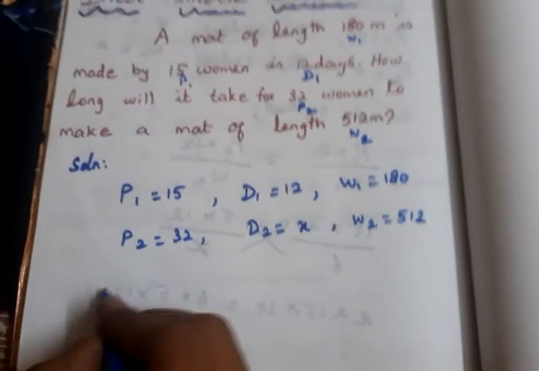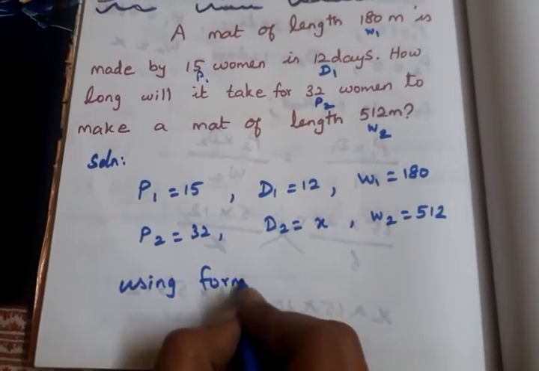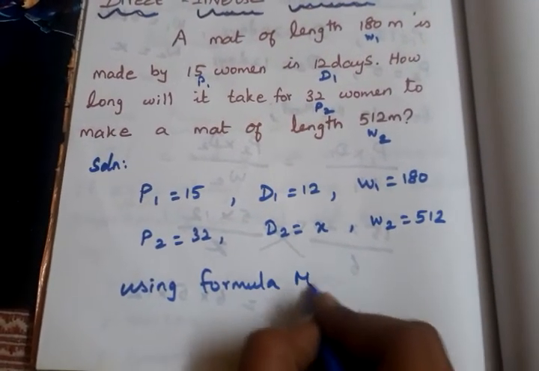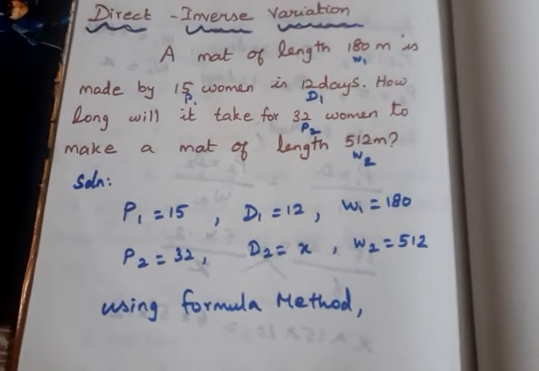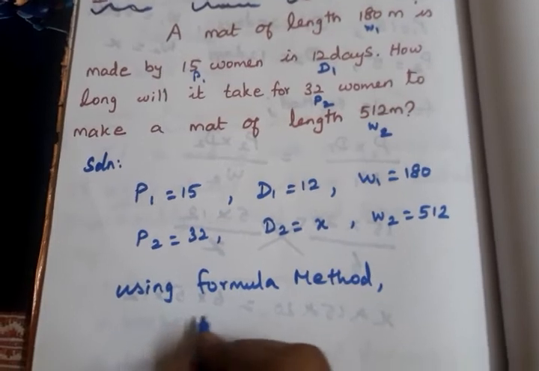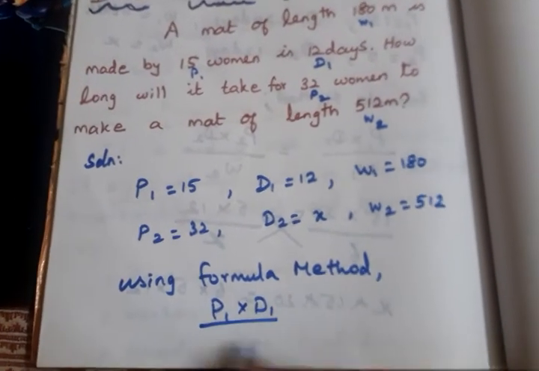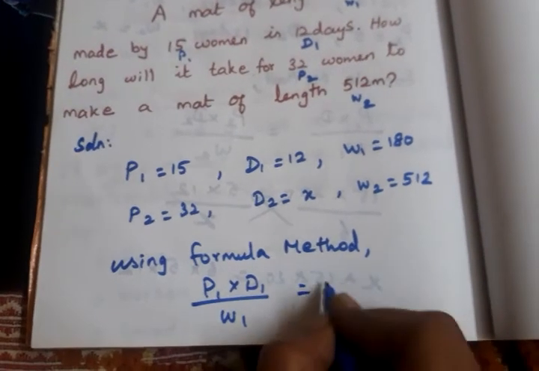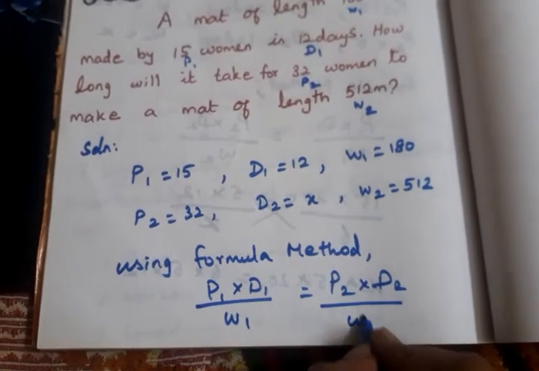Okay, using the formula method, P1 into D1 divided by W1 equal to P2 into D2 divided by W2.